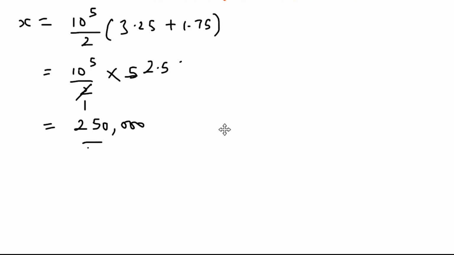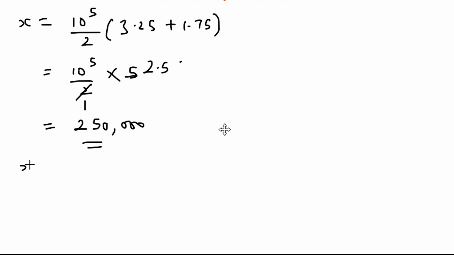So one possible value of the contribution by the drama club is 250,000.